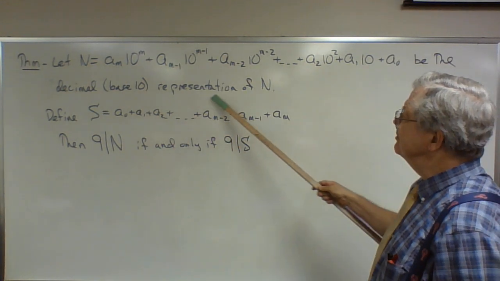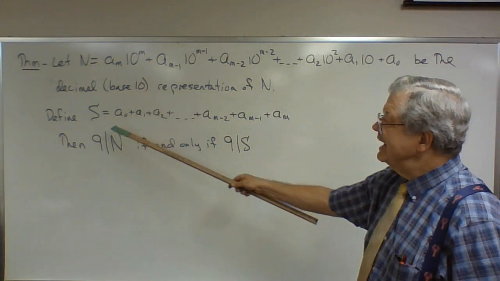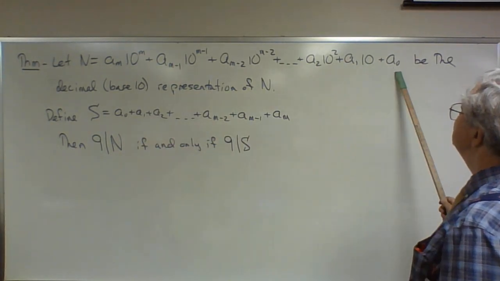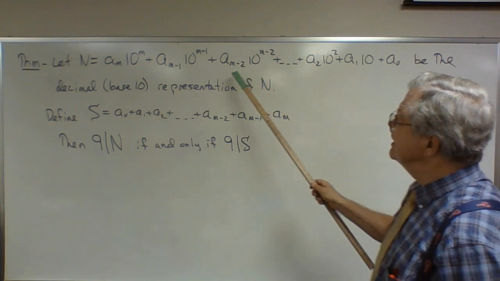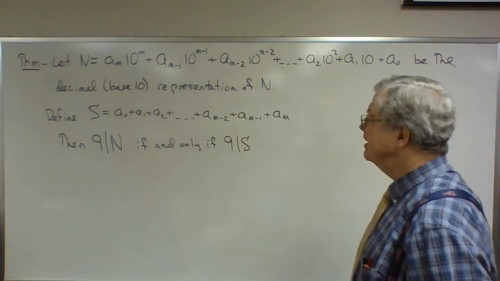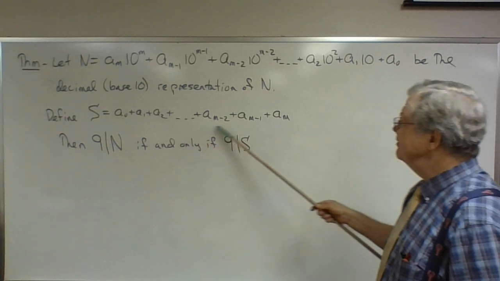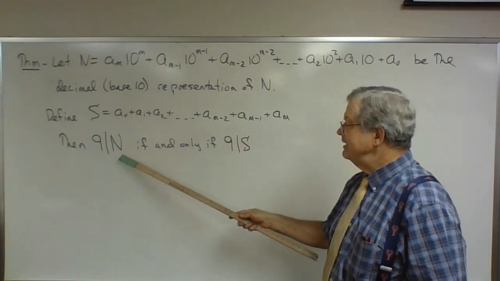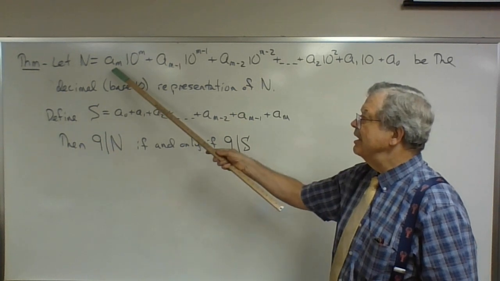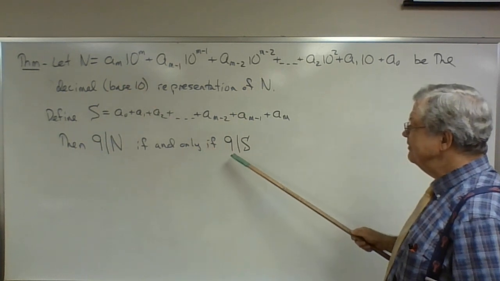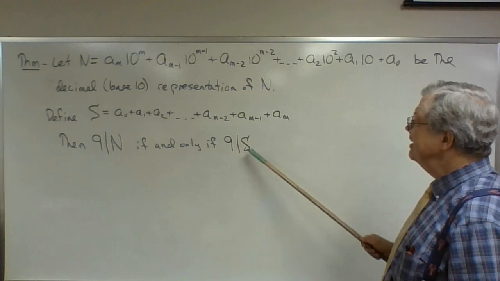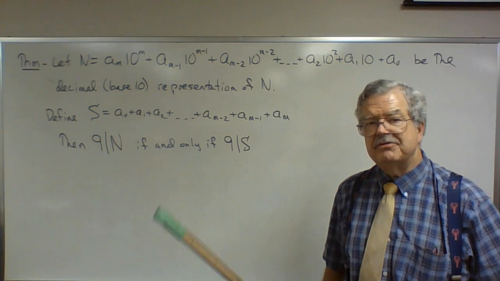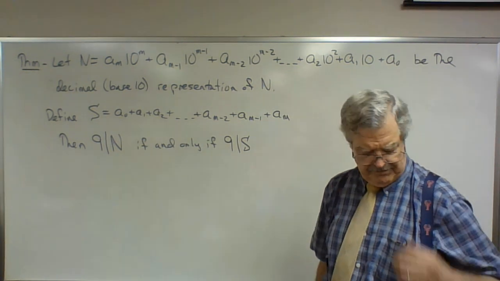Let S be the sum of the coefficients, a0, a1, a2, up to a sub m. Our theorem says that 9 divides n, the original number, if and only if 9 divides S, the sum of the digits. We won't prove this today, but we'll prove this in the next lecture.